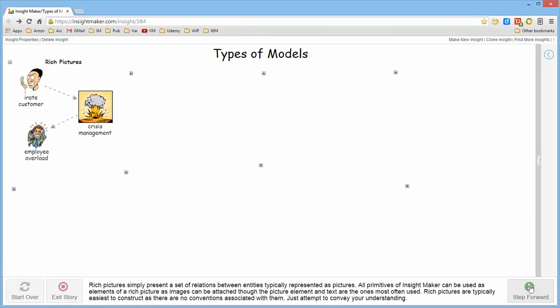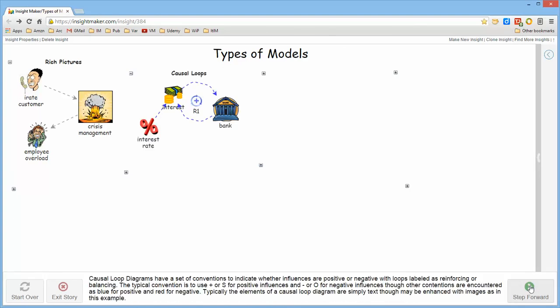We can develop rich pictures, which, because of the graphic nature of them, promote understanding of the implications of the relationships. Causal loop diagrams, which have a more refined set of guidelines as to how you define the relationships between the elements of the model so that there is a consistency about the way that the models are developed.